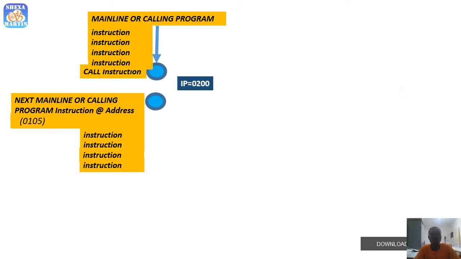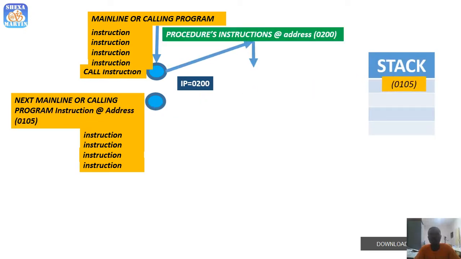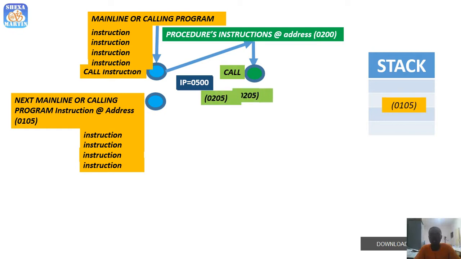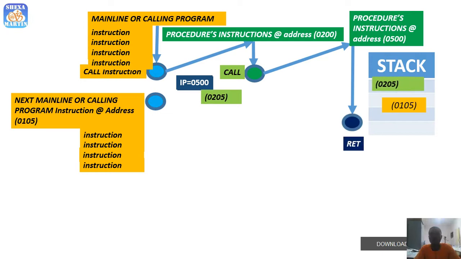We execute, we call, then IP changes and the stack changes like that. Then we call again, our IP changes to that, and the top of the stack is changed to get the next instruction to be executed in that procedure. And then when we call return, we get IP changed to 0205, and then the top of the stack is now the previous one.